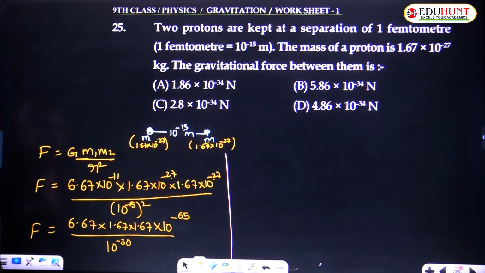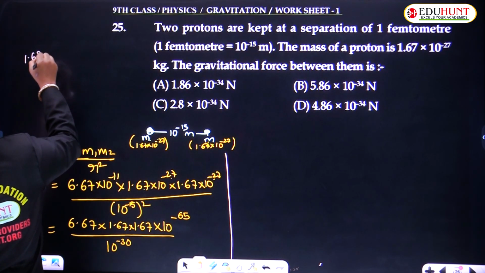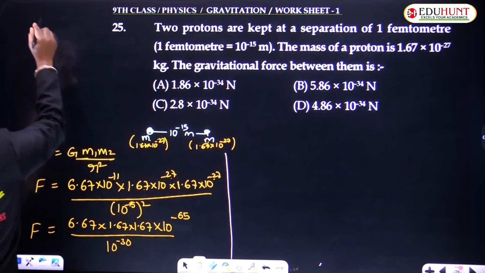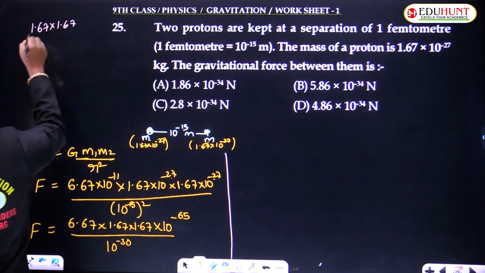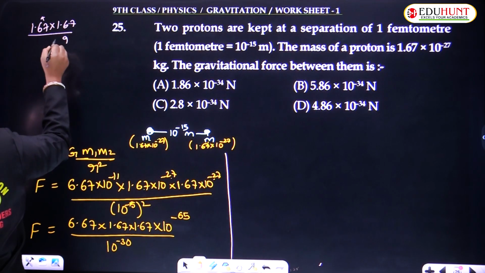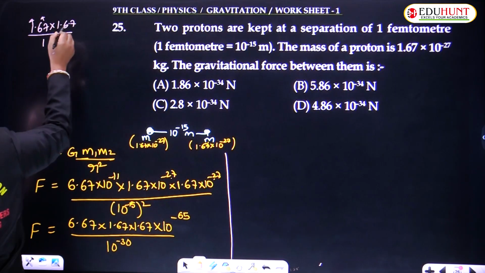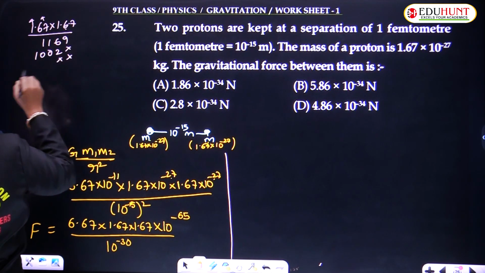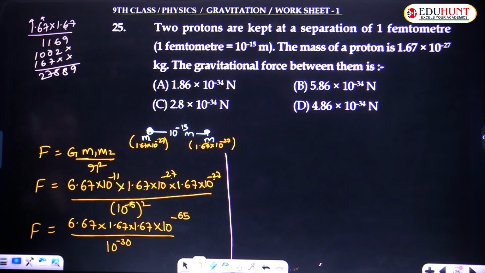Meanwhile, let us multiply this 6.67 into 1.67 into 1.67. So 1.67 multiplied by 1.67. Let me do this here. Little lengthy value. So how much are you getting?